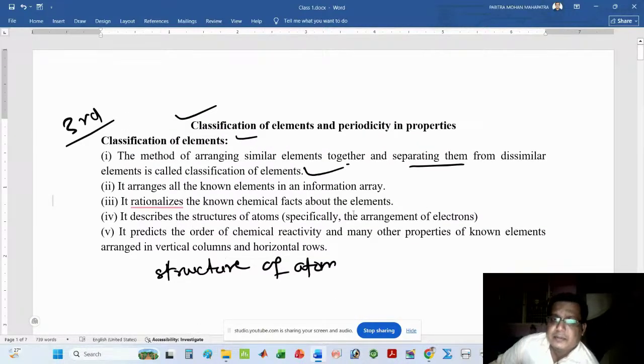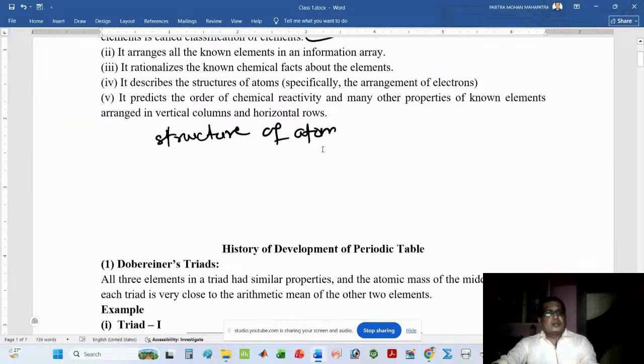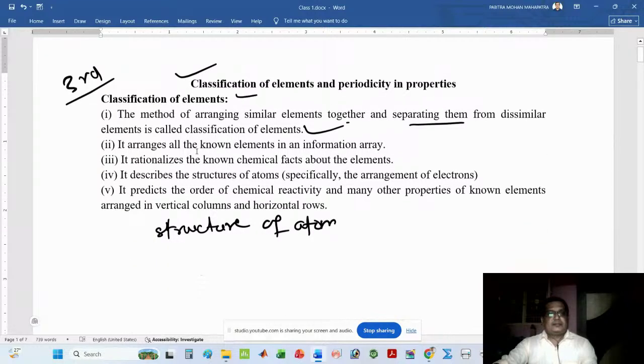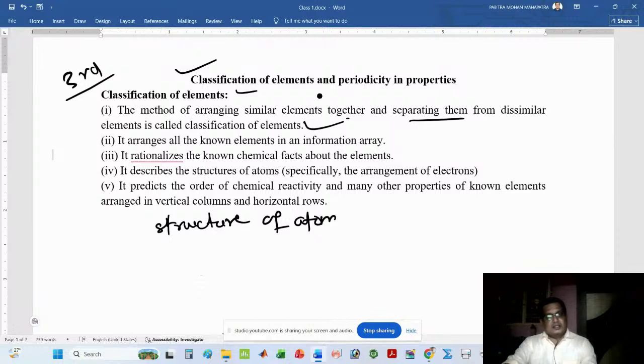The discovery of new elements goes on, day to day increasing. Why do you need the classification of elements? Classification means arranging the similar elements. Similar elements means elements which have similar chemical properties, physical properties, or like this.